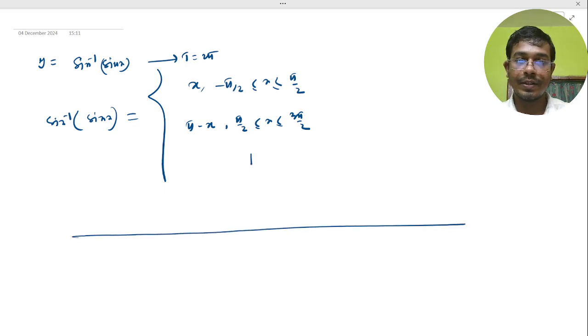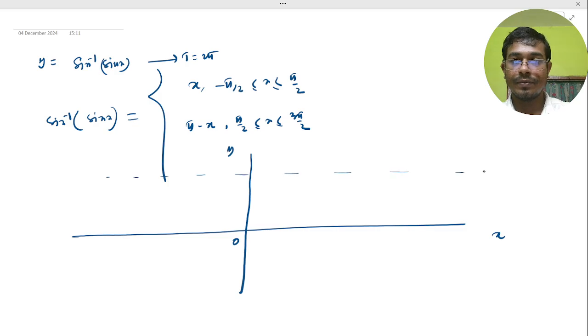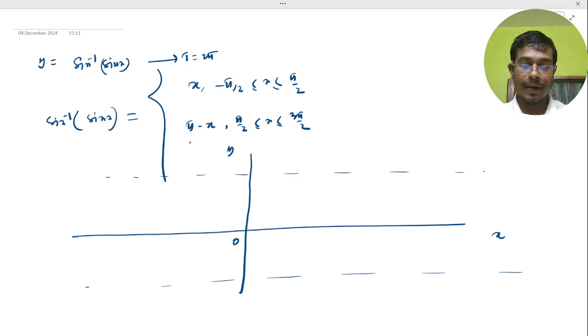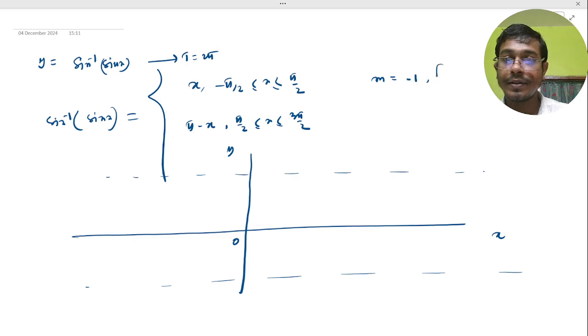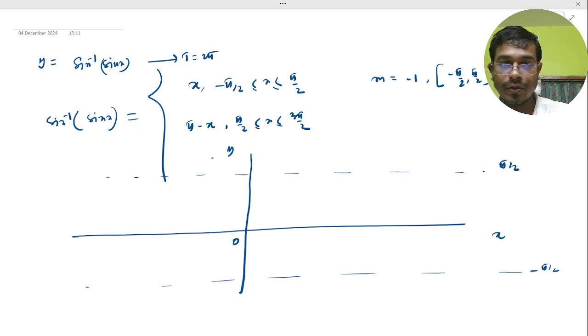So this one is x, the origin and the y, and this is the line, and pi minus x is a straight line going up and down with slope, m or tan theta, equal to minus 1, in the range of minus pi by 2 to pi by 2. Here this one is pi by 2 and minus pi by 2.